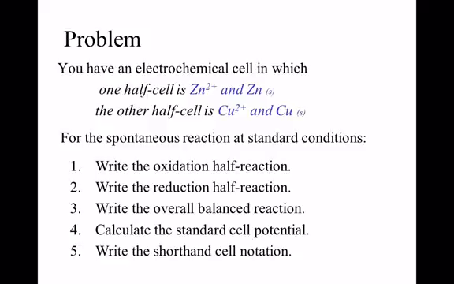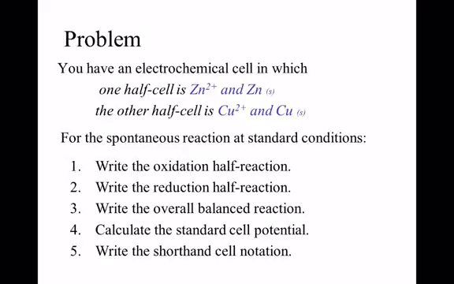We're going to pick strategically because we want the E of our cell to be positive. So we leave the one with the highest half cell potential as reduction, and the one with the lowest reduction half potential, we make oxidation. I'll show you in this example.